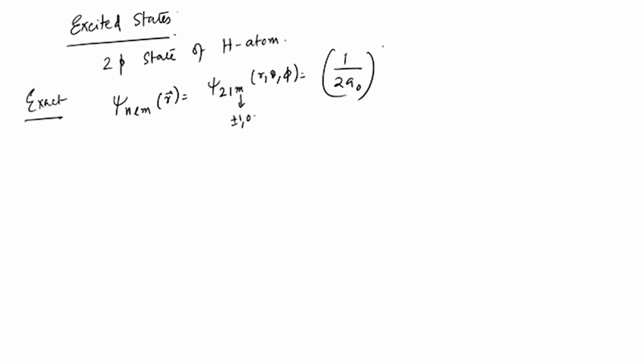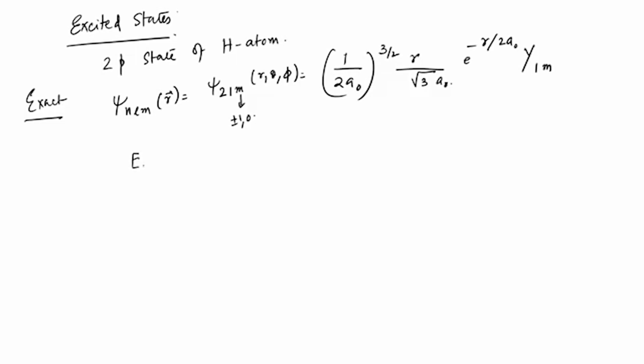So, this is 3 by 2 and r divided by root over 3 a 0 and e to the power minus r over 2 a 0, and then there is a Y l m, where l is equal to 1 and m can take 3 values, plus minus 1 and 0.